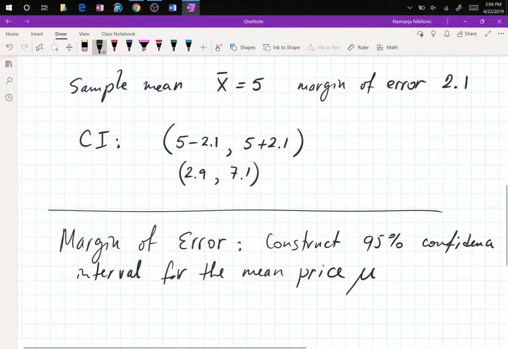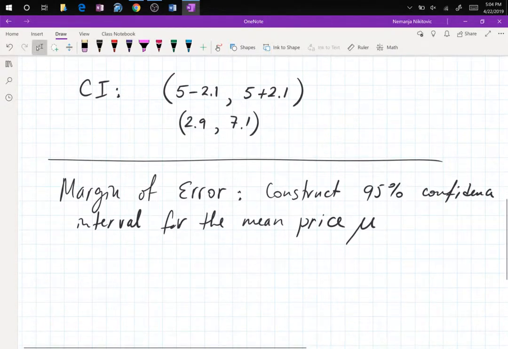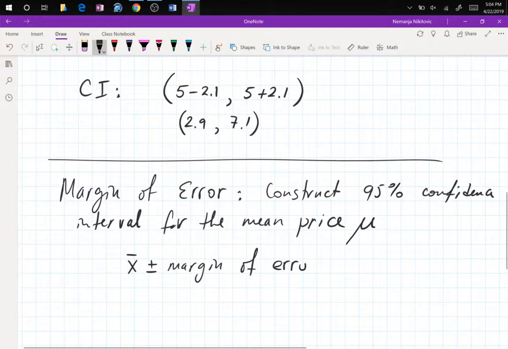And margin of error will be added and subtracted to the x bar to provide the interval in which the population mean mu is. So you have x bar plus or minus margin of error. This is just understanding what this means, because the next section is when we calculate. You will have the z-score and deviations and all these kinds of things to compute. Right now we're understanding the words and concepts, no calculations.